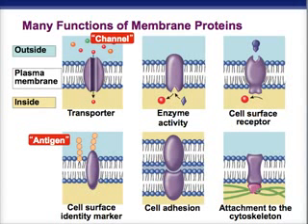This is one of the functions of the membrane proteins. This would be an example of the membrane protein acting as a transporter. They also play roles in enzyme activities, cell surface receptors, cell surface identity markers, cell adhesion, where the cells stick to one another, and attachment to the cytoskeleton.